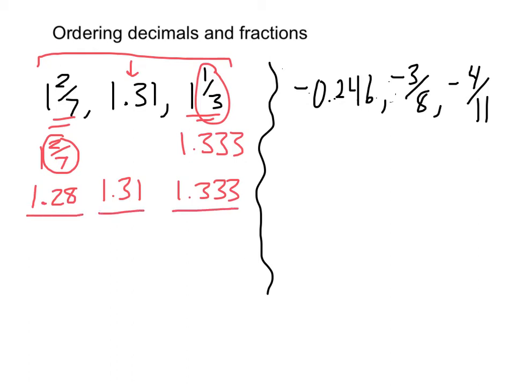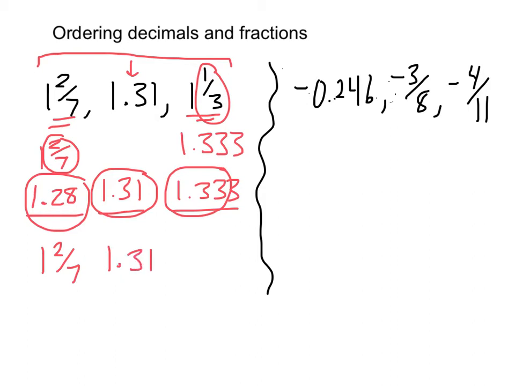Well, it's actually kind of in order: 1 2/7 is the smallest, because it's $1.28. If I think about this in terms of money, this is $1.28, this is $1.31, this is $1.33. So I actually had them in order already. That's by accident, but that's that number set in order from least to greatest.